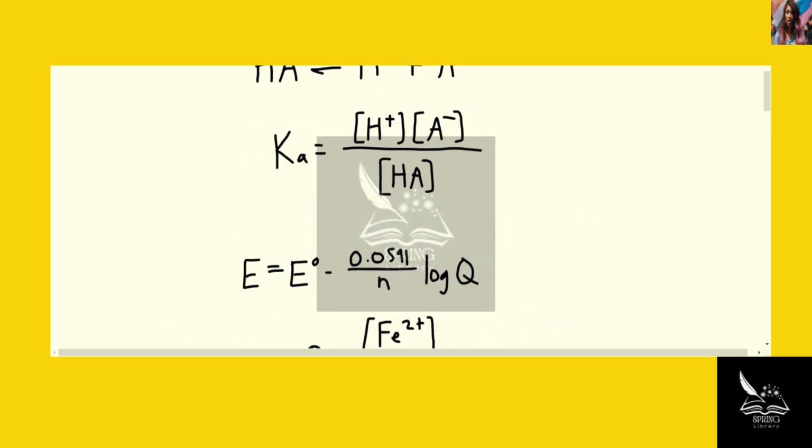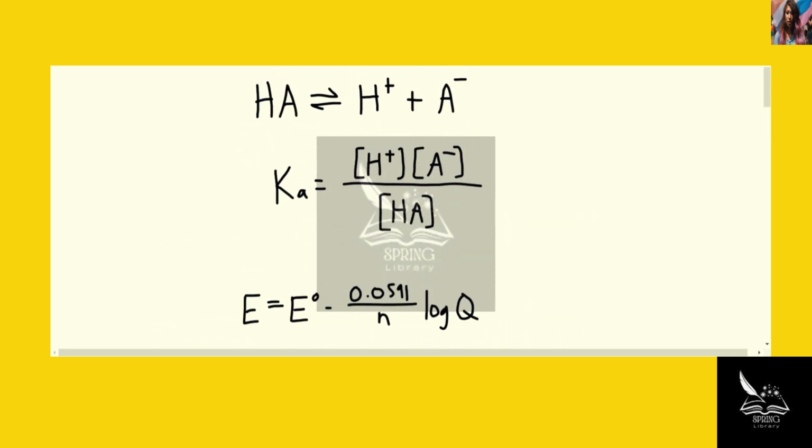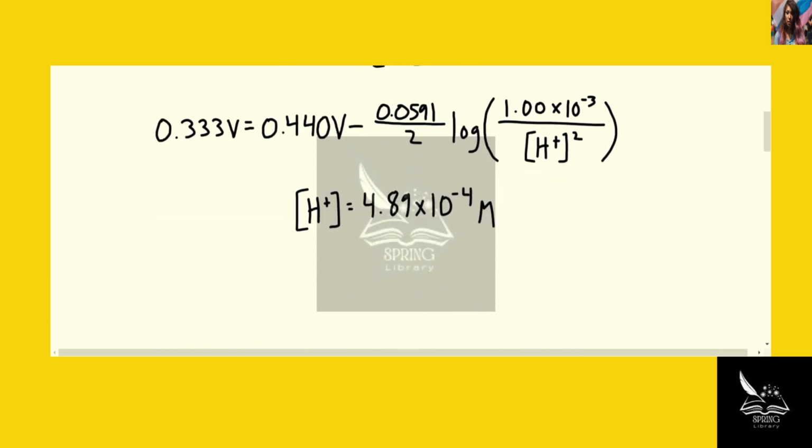And now we said that once we had that value for H plus, that would also correspond to the concentration of A minus due to that one-to-one stoichiometry. And again, we are told that HA is equal to 1.00 molar. So really, that means that Ka is just equal to that concentration of H plus ions squared.